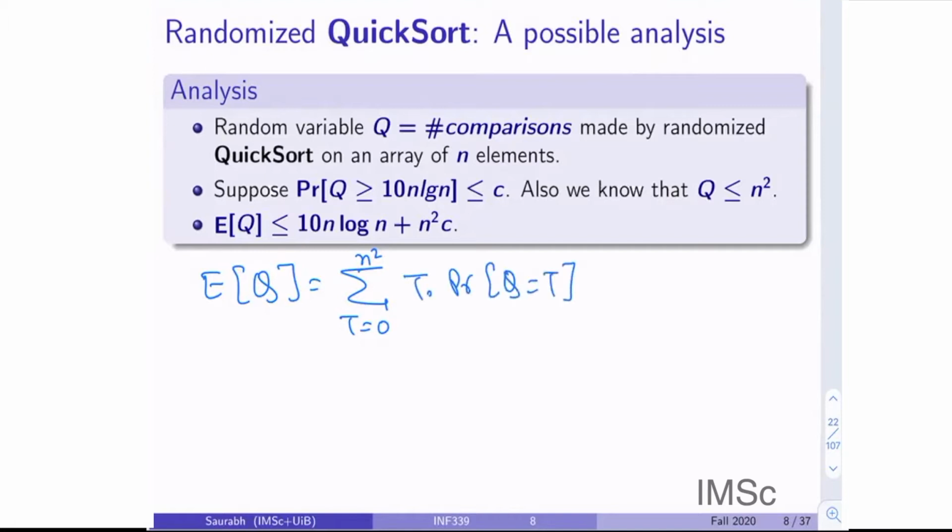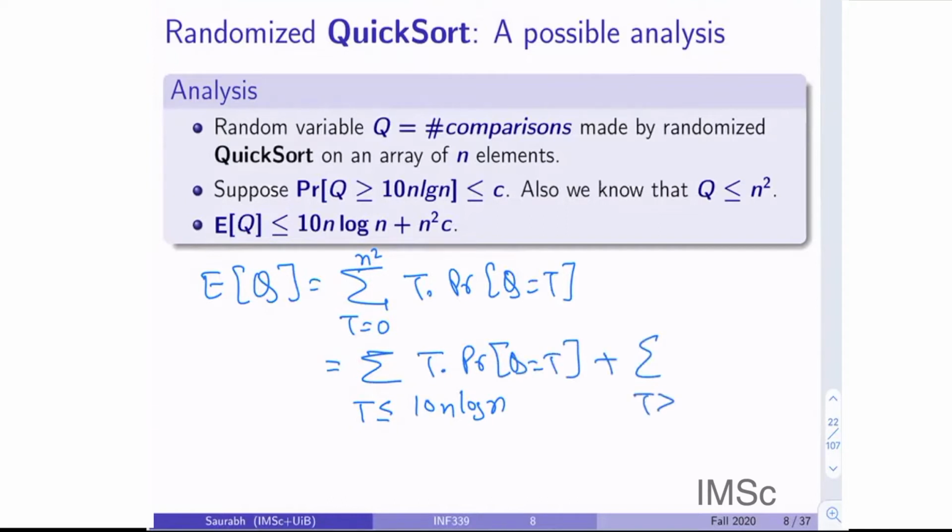What is the probability that Q takes t comparisons? Now we could write this as the summation over t less than or equal to, say, 10 n log n of t times the probability Q equals t, plus the summation over t greater than 10 n log n of t times the probability Q equals t. Now from here, what can I show?